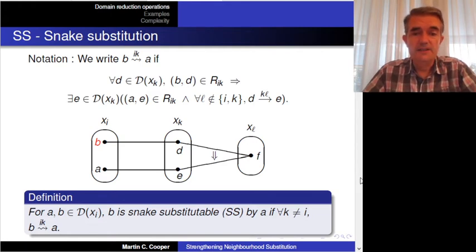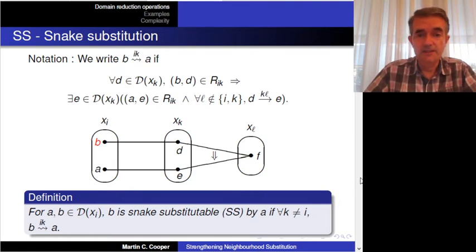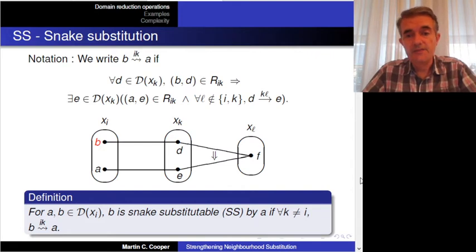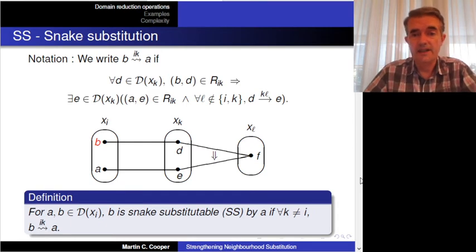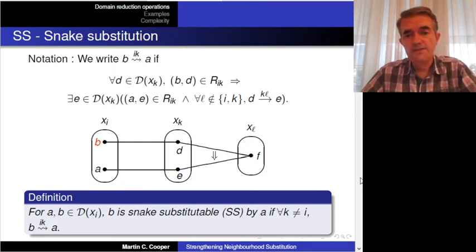So b is snake substitutable by a if for all neighbouring variables, if b is consistent with a value d, then a is consistent with a value e in the same domain, such that e is almost neighbourhood substitutable for d. In other words, it can replace d in all constraints except possibly xi, xk. So this is a slight generalization of neighbourhood substitution.